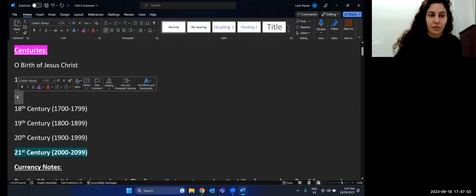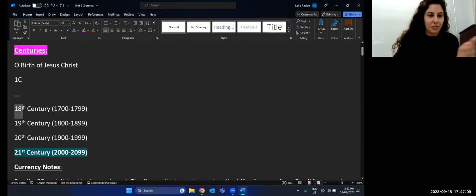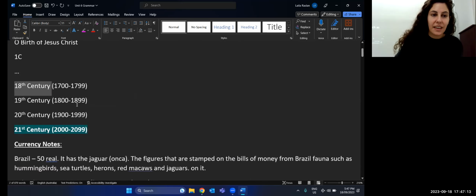Then from 200 to 299 will be the second century. But let's go forward a bit because it's going to take very long. The 18th century: you just have to remember it. The 1700s to the end of the 1700s, that's the 18th century.